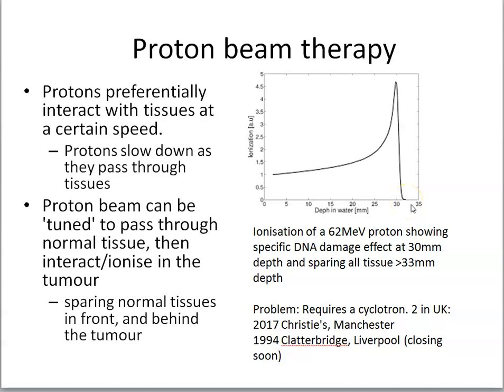Now this is really useful because if this is the depth of the tissue, let's say 30 millimeters, and there's something crucial like a spinal cord at 35 millimeters, we can irradiate the tumour but send virtually no radiation to the spinal cord. That sounds great in practice. The problem is there are very, very few systems available to do this.